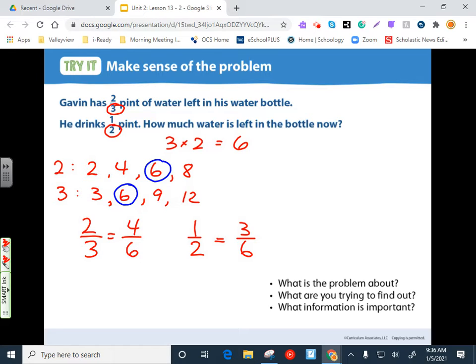So since, again, if you're drinking water out of something, you're basically doing math, you're subtracting. So if you started with 4/6 pints of water, you drank 3/6, you were left with 1/6 pint left in your water bottle. All right, pretty straightforward.